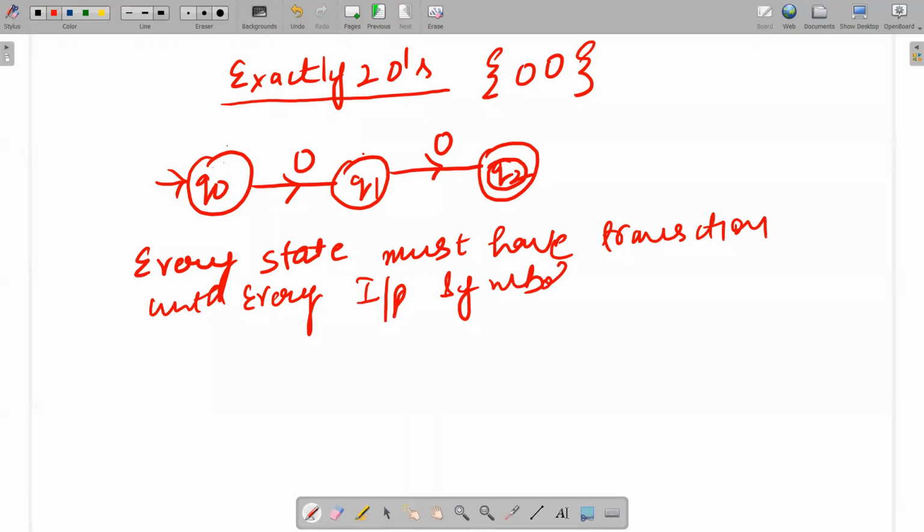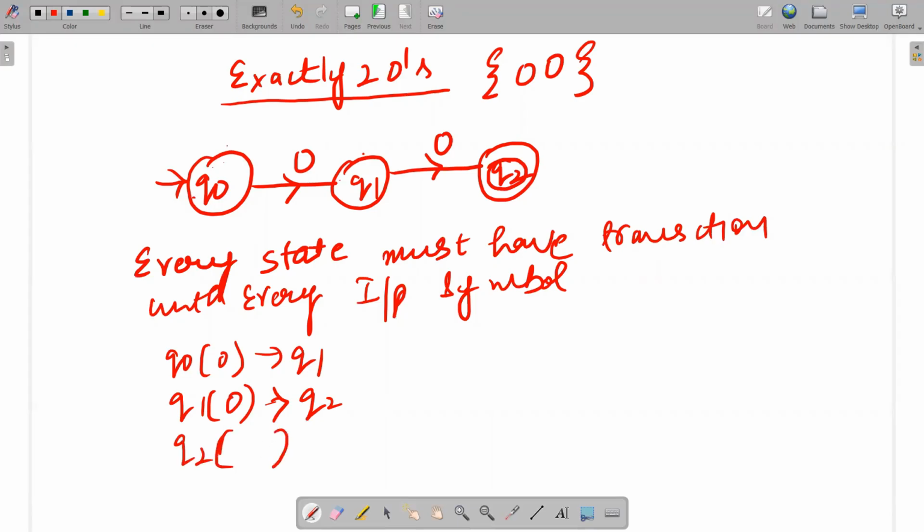So what does that mean? It means Q0 must have a transition with 0. Yes, it has. Q0 has a transition with 0, it goes to Q1. Q1 also has a transition with 0. We go to Q2. But that is my final state. So what about Q2? Does Q2 have a transition? Actually, it does not have a transition.